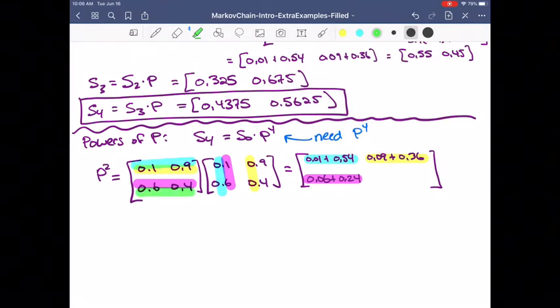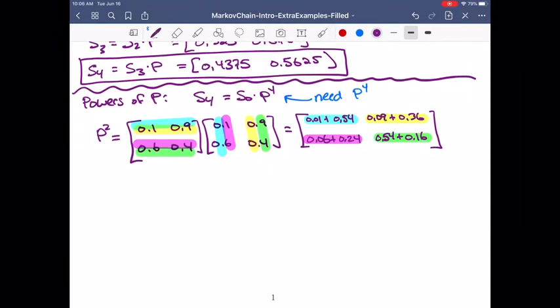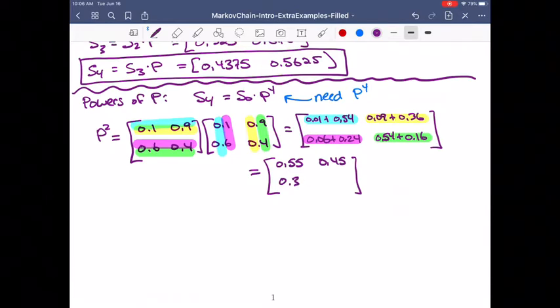And then we have to do row 2 in column 2. So 0.6 times 0.9 is 0.54, plus 0.4 times 0.4, which is 0.16. So for P squared, we're getting 0.55, 0.45, and 0.3, and 0.7 for row 2.